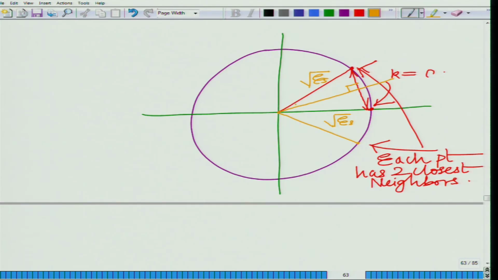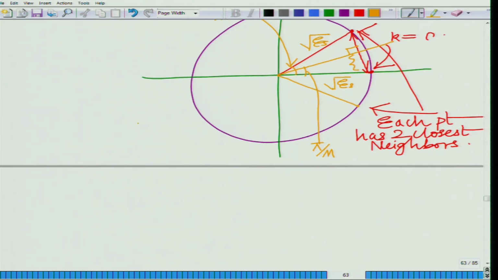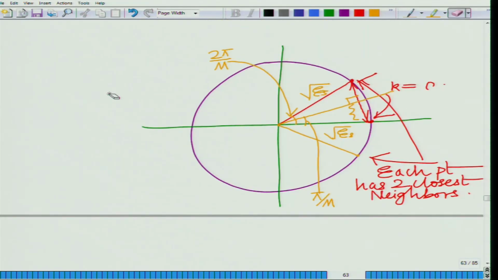And remember the total phase difference between 2 points is 2 pi by M. So, this angle is 2 pi by M, which means this angle is pi by M. Therefore, this half of the distance, d min by 2, you can verify is equal to square root of Es into sine pi by M.